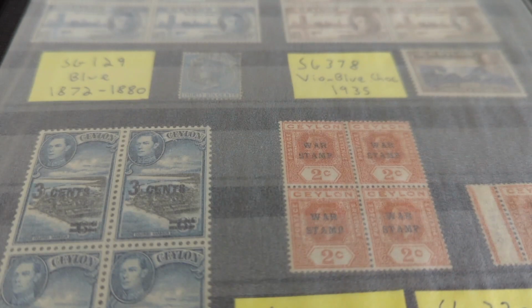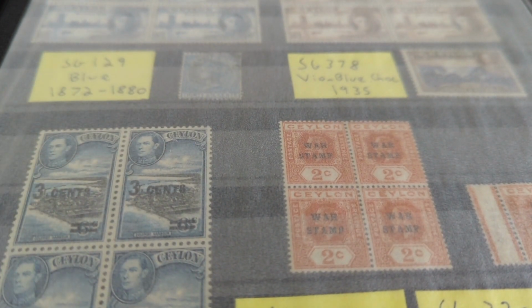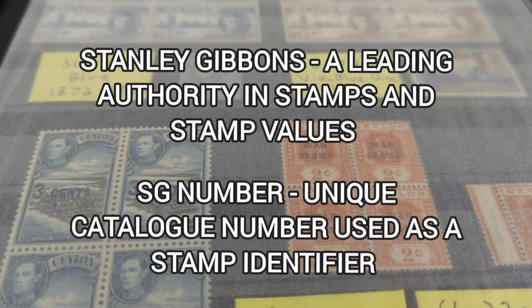Another thing, you might hear about a catalog number or an SG number, or you might see, like on here, it says SG129, then some details. You might wonder what that means. That's simply Stanley Gibbons, which is a massive stamp authority, and they have been for a long time. It's a universally, internationally recognized identifier.